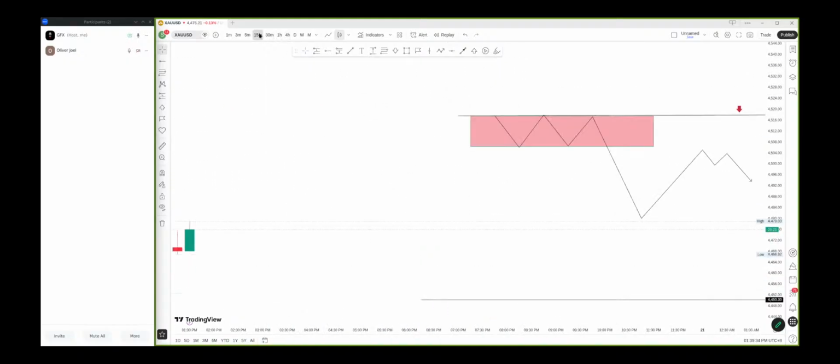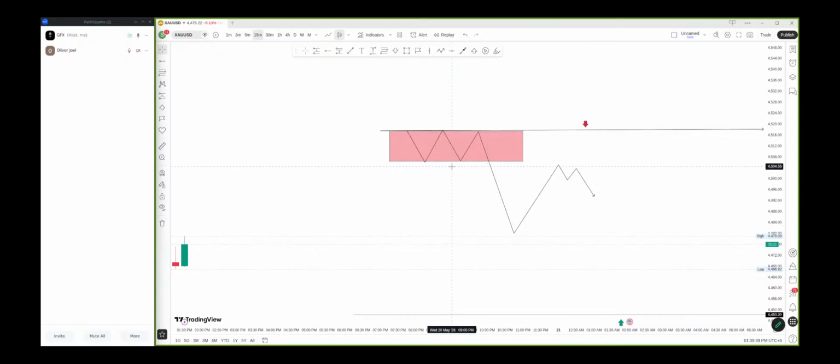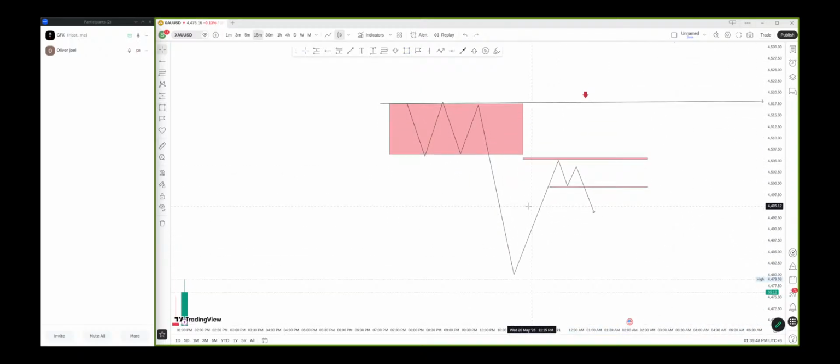Clear so far? Right. So what do we do in this scenario is, yes, no doubt that this is a minor low and a minor high formation. But the thing is that now you're going with the higher time frame bias and you have confirmation for price to continue back to the downside.